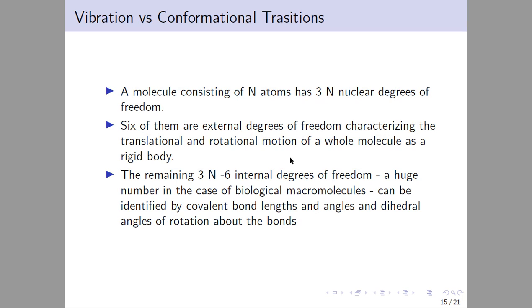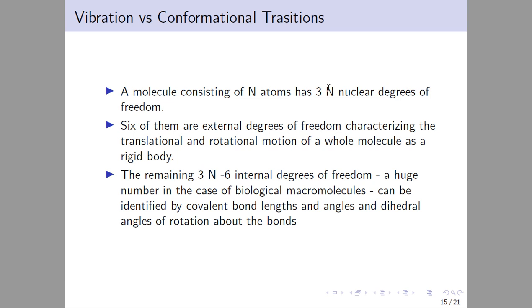Next is the vibration. Here, these are vibration and affecting the conformational transition. A molecule consisting of n atoms has 3n nuclear degrees of freedom. This one is from your statistical physics, I believe, or from material science.